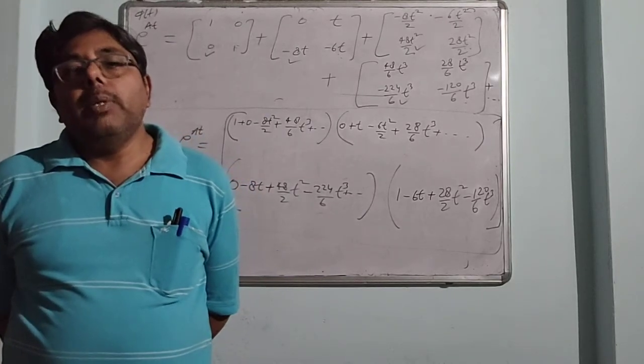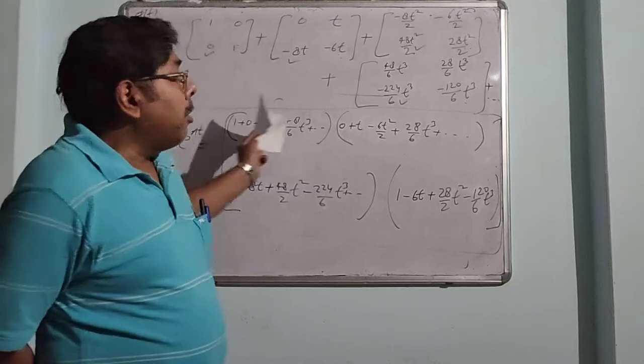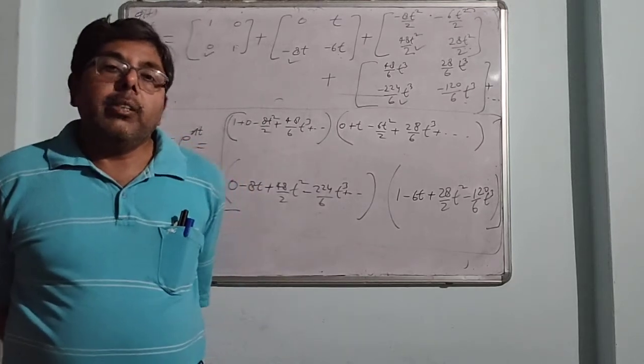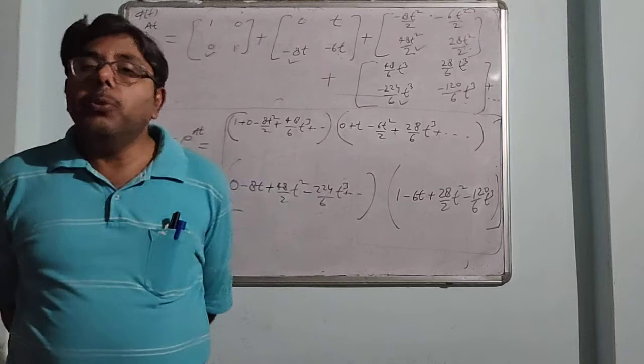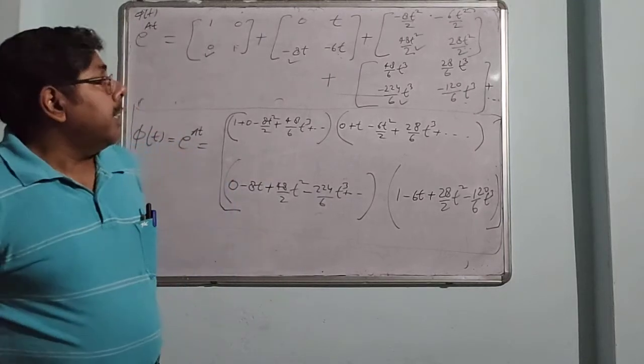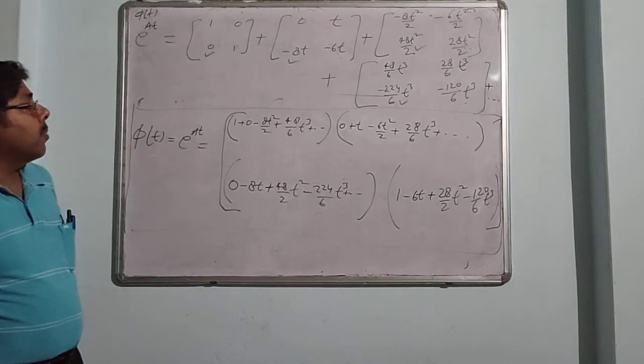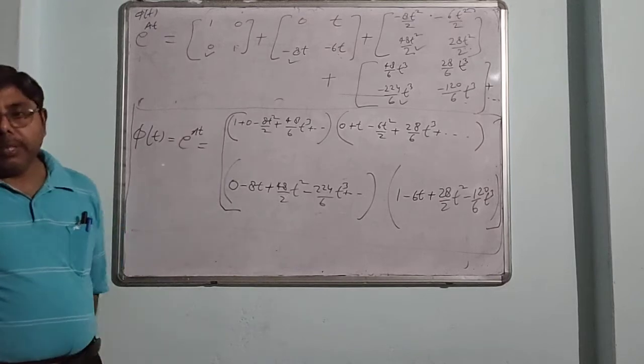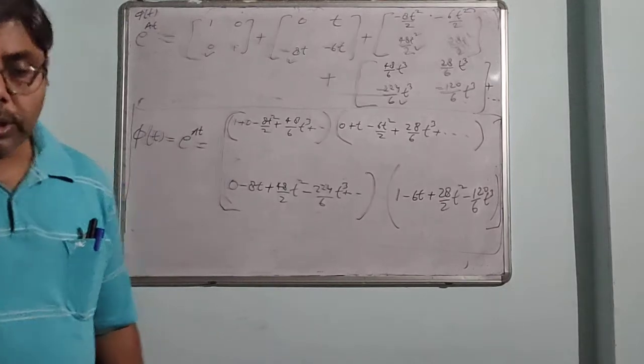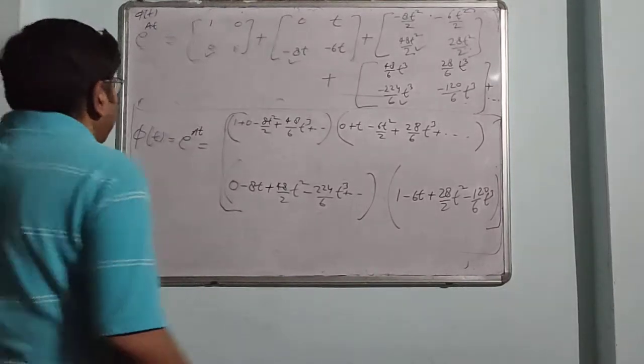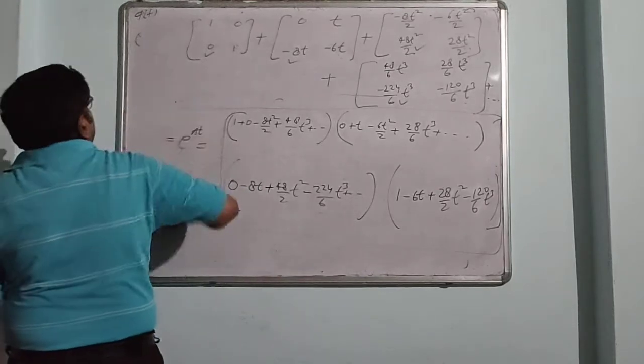So rule is very simple. First write formula, then calculate all individual terms used in formula, then add all those terms. You will get the state transition matrix. So this is the method. We can take one more example to understand the concept.